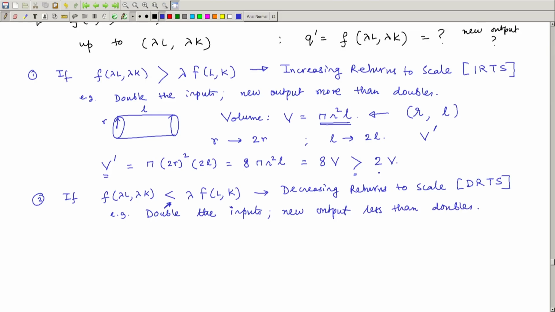Now, what is one way to think about decreasing returns to scale? Imagine that you are currently operating from your town. You are running your operations from your place of stay, and for whatever reason you have decided to expand. You are hiring more labor, you are setting up one more office at some other place.